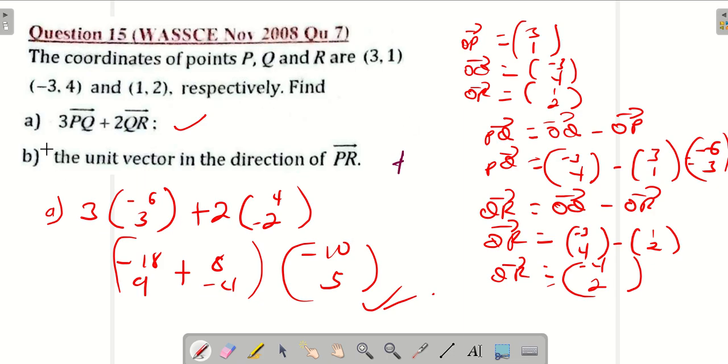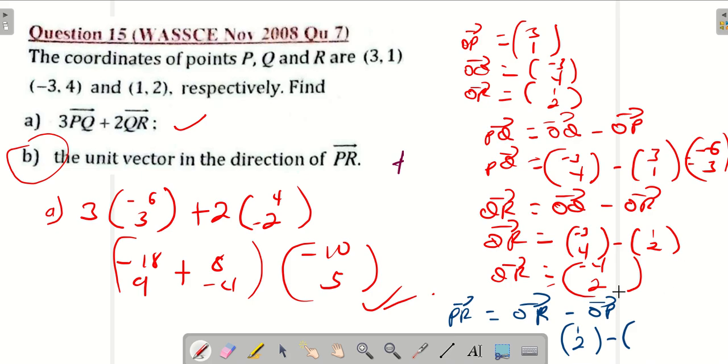Now the question says B, the unit vector in the direction of PR. So all you need to do is to find the vector PR. Do we know PR? Let's find PR. PR is equal to OR minus OP, and OR is (1, 2) minus (3, 1).